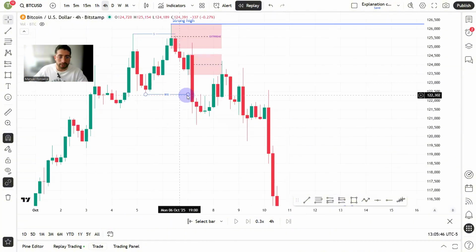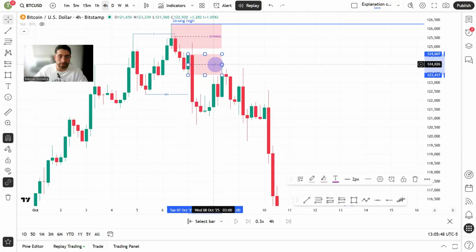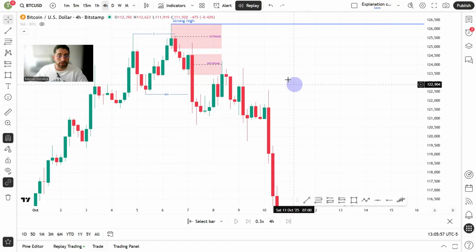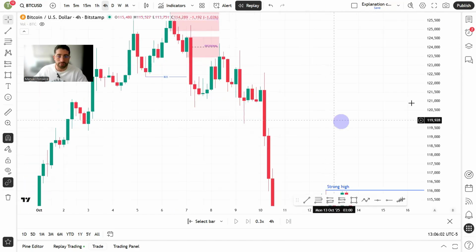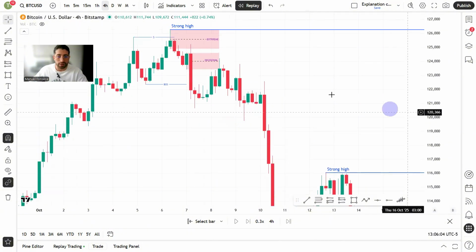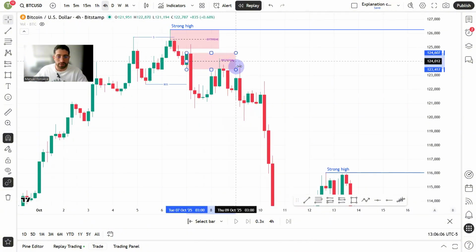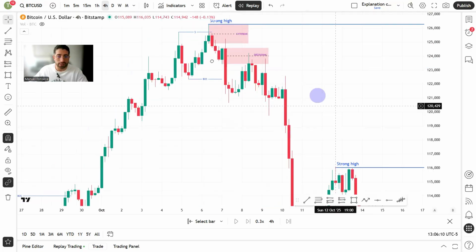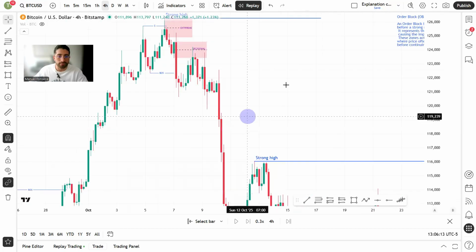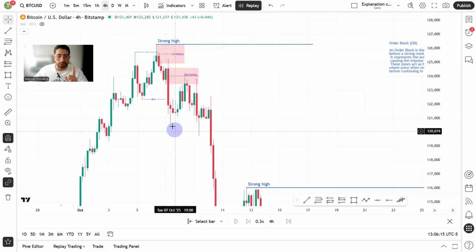So after we have the break of structure, the price entered into a decisional. Why? Because the only extreme of the movement is the first one. The others are just decisional. Now, in this decisional, the price will enter again to mitigate more areas. And after that, remember that we talked in the previous video about the weak lows.